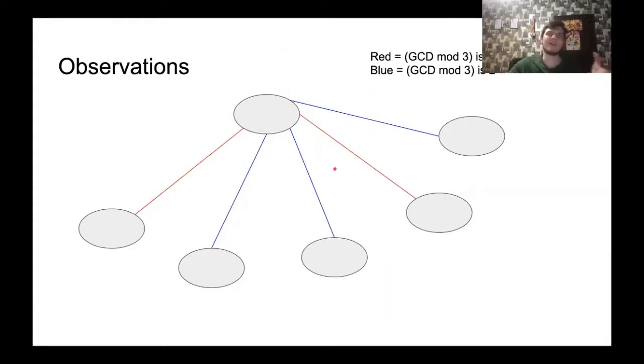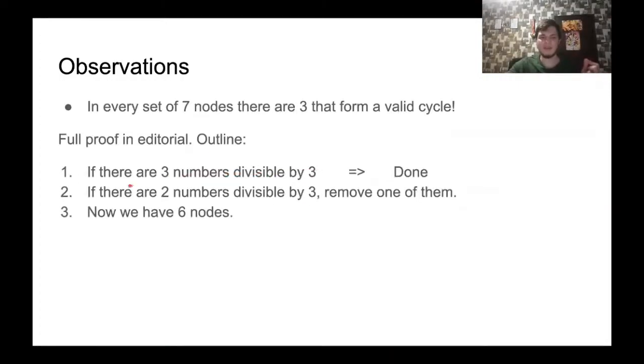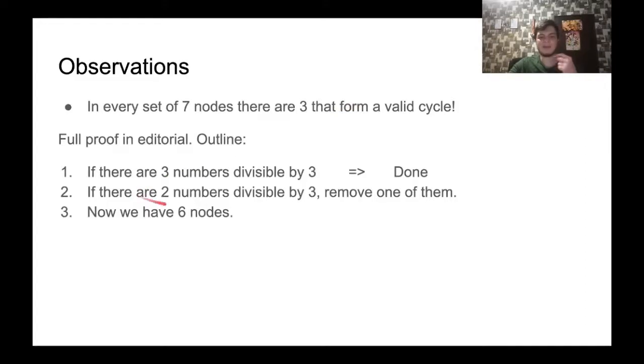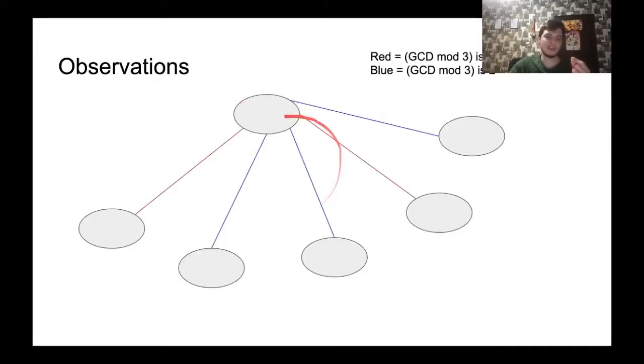As you can remember, here we removed just one of the vertices that are divisible by 3. Because our construction needs 6 numbers, if we have one number that's divisible by 3, we're going to use it as the initial number. This isn't really important, but for simplicity, we can just assume it.